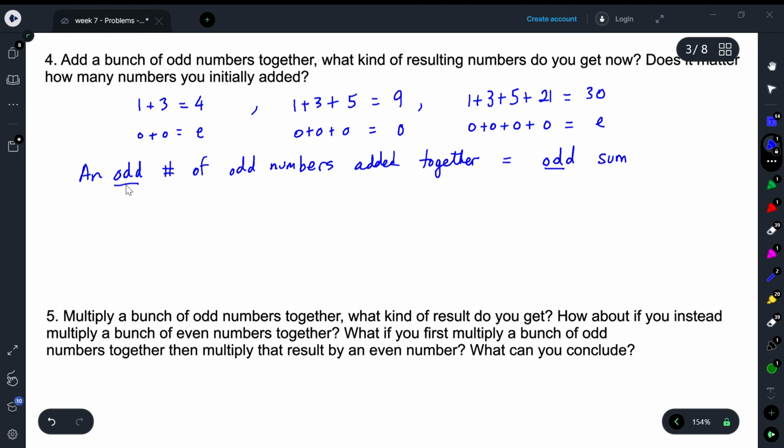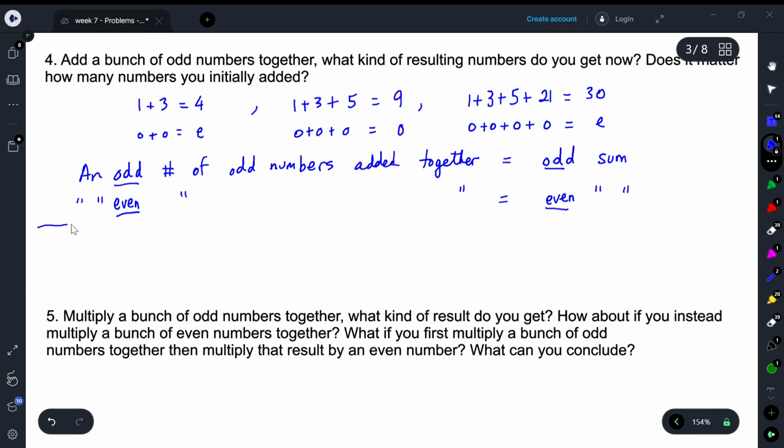And if we add, on the other hand, an even number of odd numbers together, it is equal to an even sum. Everything else above stays the same, so I'm not going to repeat writing it here.